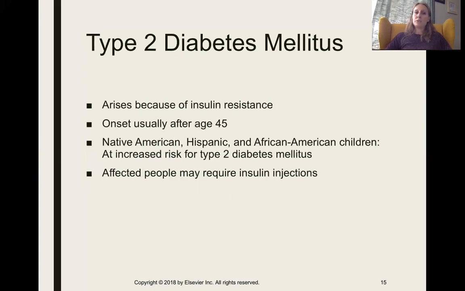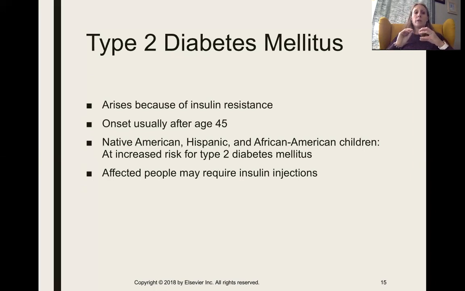So for type 2, what we're looking at is a relative insulin deficiency. So we're either going to see insulin resistance with normal secretion. Insulin attaches to the cell wall, which then allows the chemical change in the cell wall to allow blood glucose and other molecules such as proteins and fats into the cell.